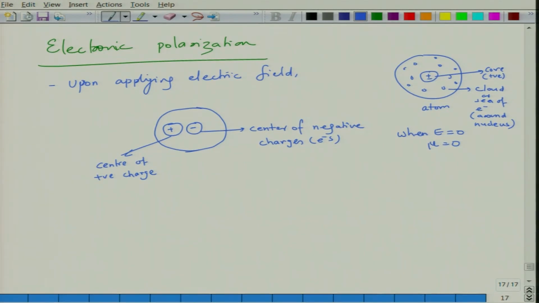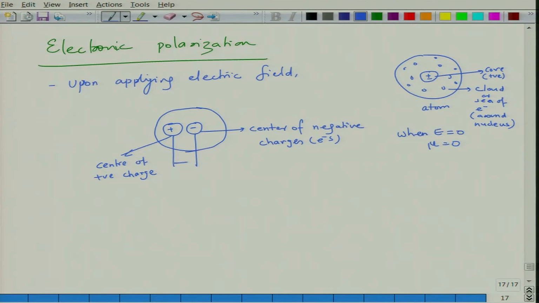The sea of electrons shifts marginally with respect to the core, so when you apply electric field, you create a distance delta, and you have a dipole moment upon applying electric field.